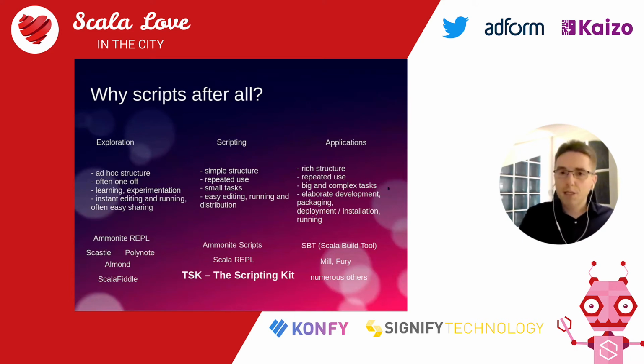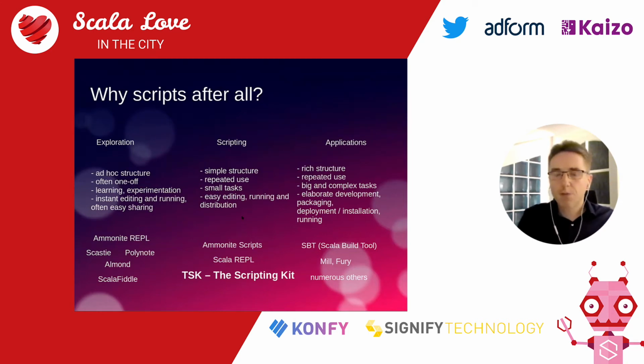And in the middle, there is scripting, which is for often small tasks, but the scripts have some simple structure and are meant to be used repeatedly. For example, some internal company automation. Sometimes you just need a script that would repeatedly upload some files to an S3 bucket or call some API in GitLab.